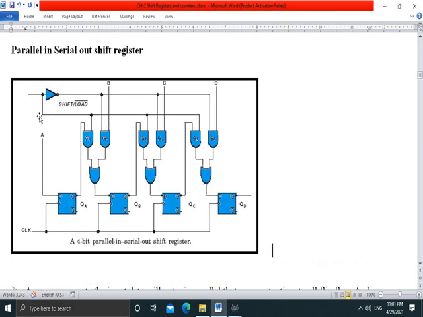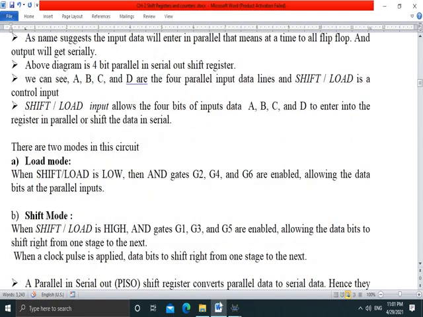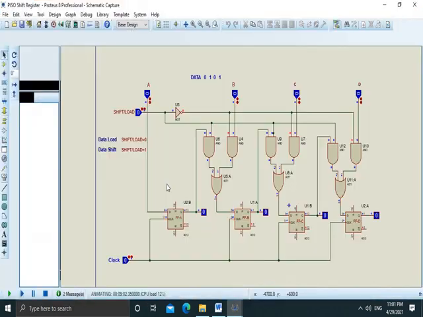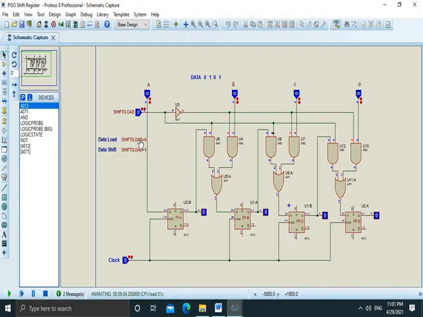So, for example, the shift or load input is low. If you look in the simulator, if the shift or load line is 0, that means a 0 input is connected to one of the inputs of this AND gate, then this AND gate and this AND gate.